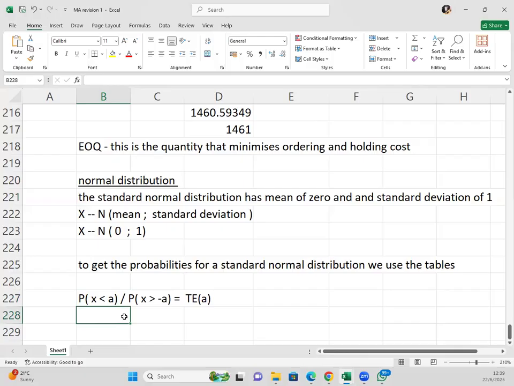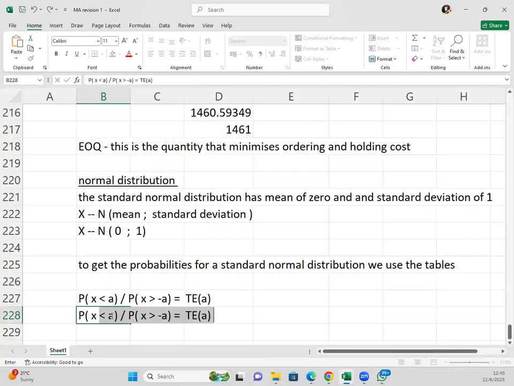So let's say the question asks, what is the probability that X is less than 1.3?